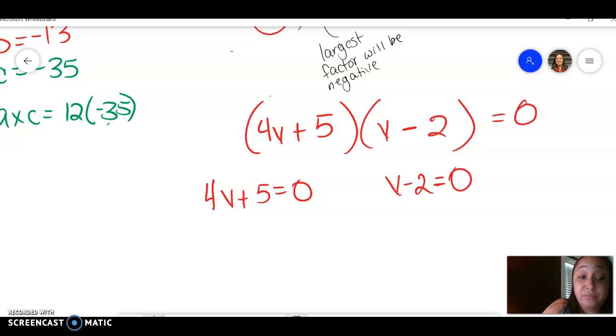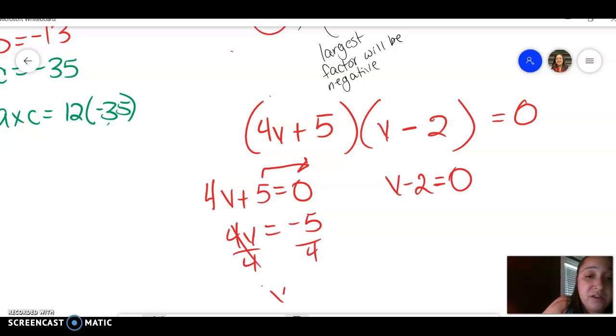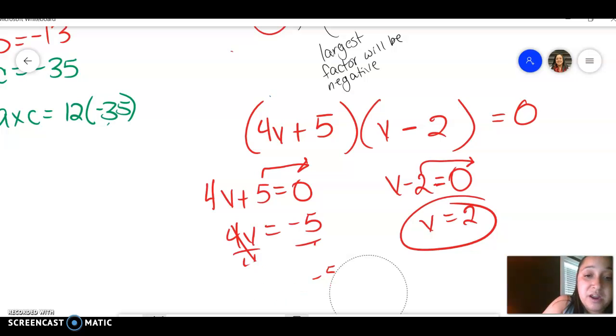I'm running out of room. I'm running out of time, so I apologize. But guys, this will give me 4v is equal to negative 5. Divide by 4. V will equal a negative 5/4. And on the other side, V will be equal to 2. So there is my two answers.